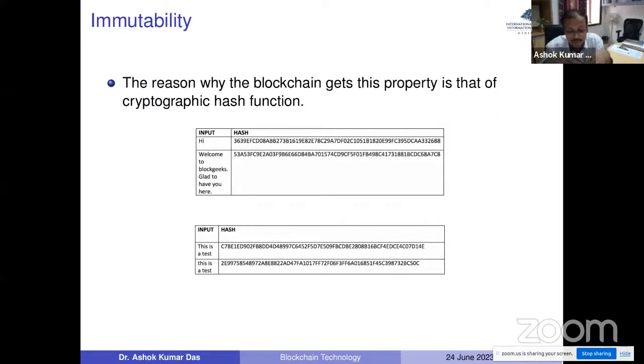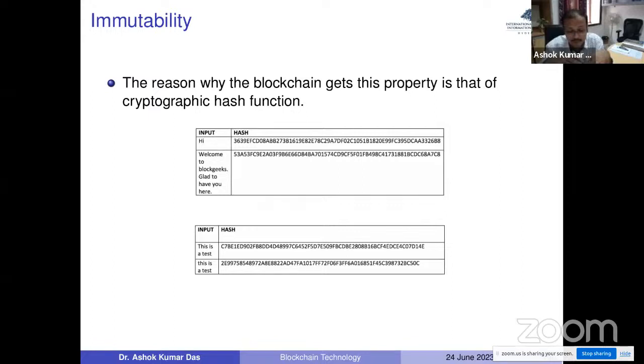One example of a collision resistant hash function is the Secure Hash Algorithm, known as SHA. There are variants of SHA algorithms. SHA-1 takes any arbitrary length input but produces a 160-bit hash output.